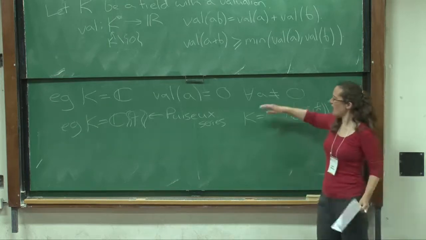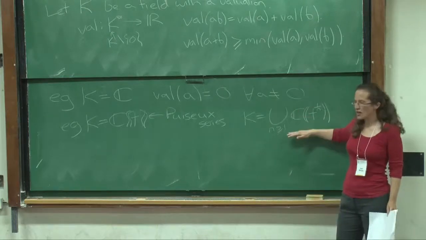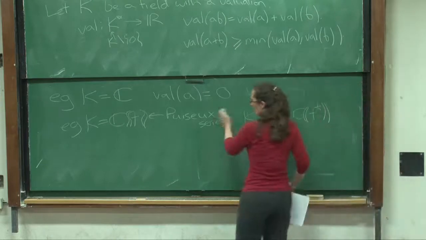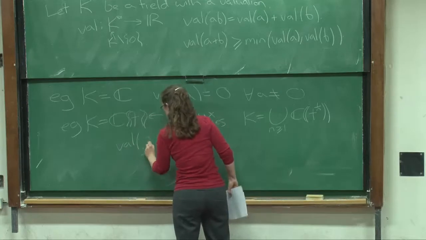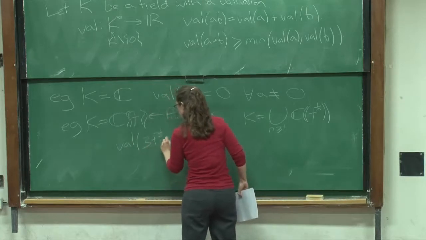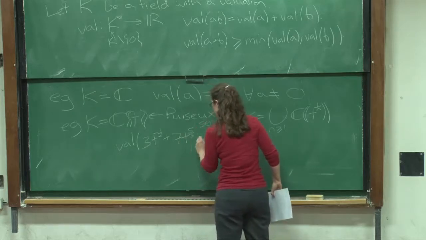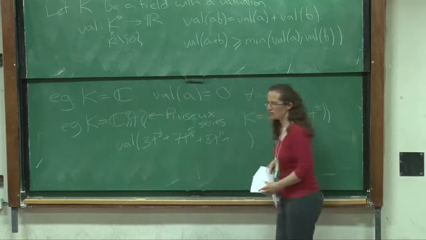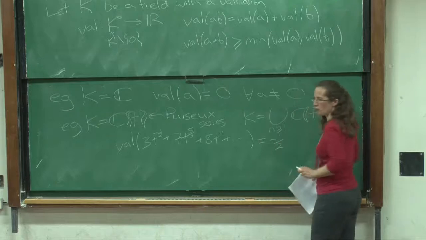Okay, so that means elements here are Laurent series with fractional exponents, and we have a bound on the exponents. So the valuation of something like 3 times t to the minus a half plus 7t to the 5/3 plus 8t to the 11th plus dot dot dot, okay, so I have some Laurent series here, and the valuation will be minus a half.